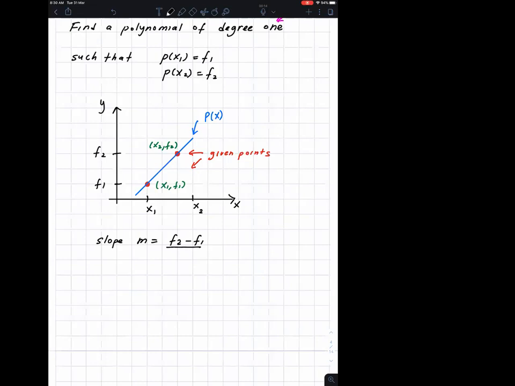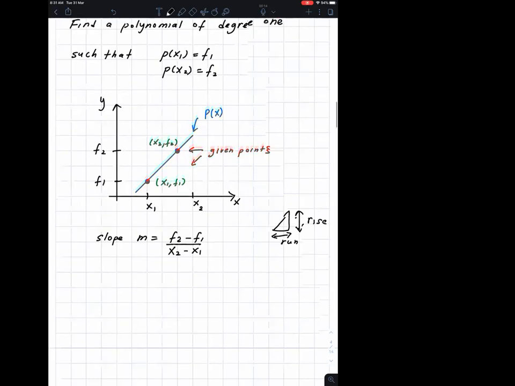Rise means the change in y. Not the rice that you eat, this is rise. This is the run. That will give you the slope. Next we find the equation of the line.